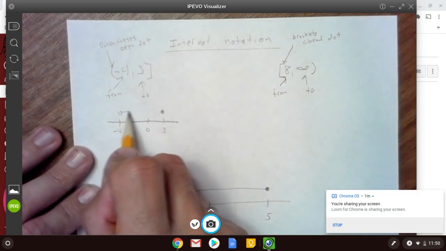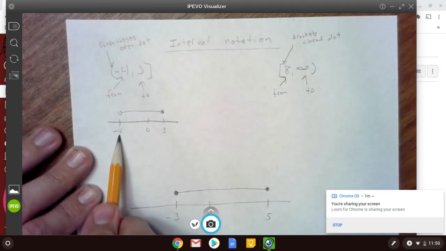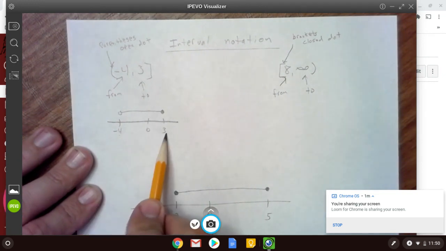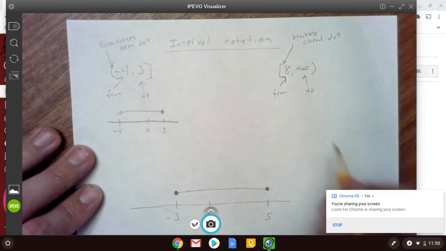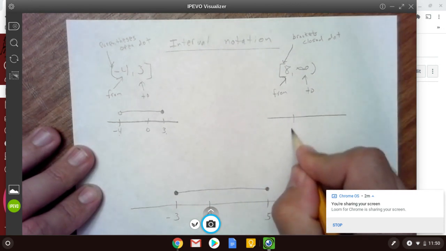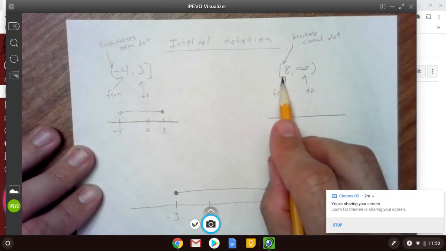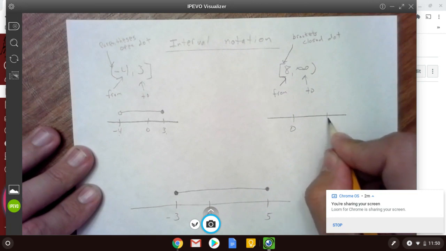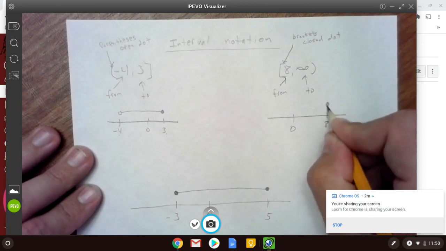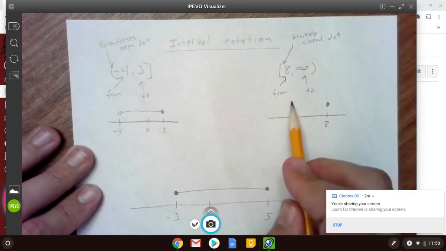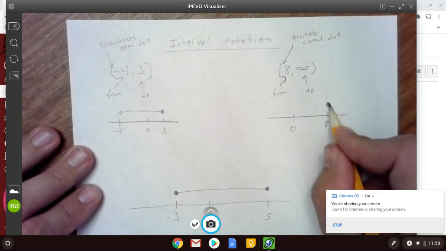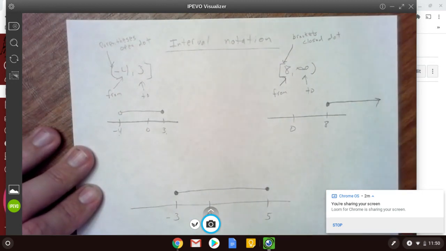So we're talking about all of the numbers from -4 to +3. All right. For this one, it's got a bracket at 8, so it's going to be a closed dot at 8. So we're talking about all the numbers from 8 on to infinity. All right, so this one would just be an arrow that goes on forever in one direction.